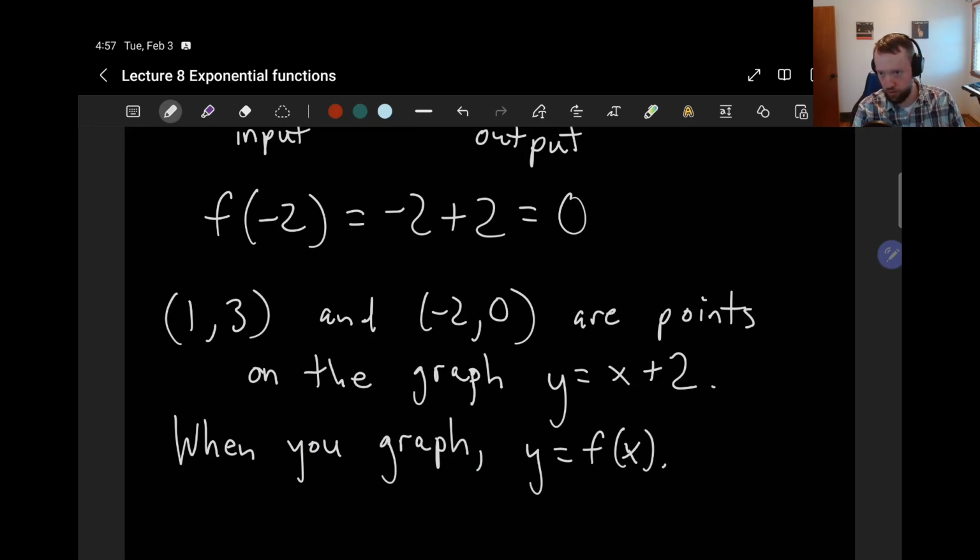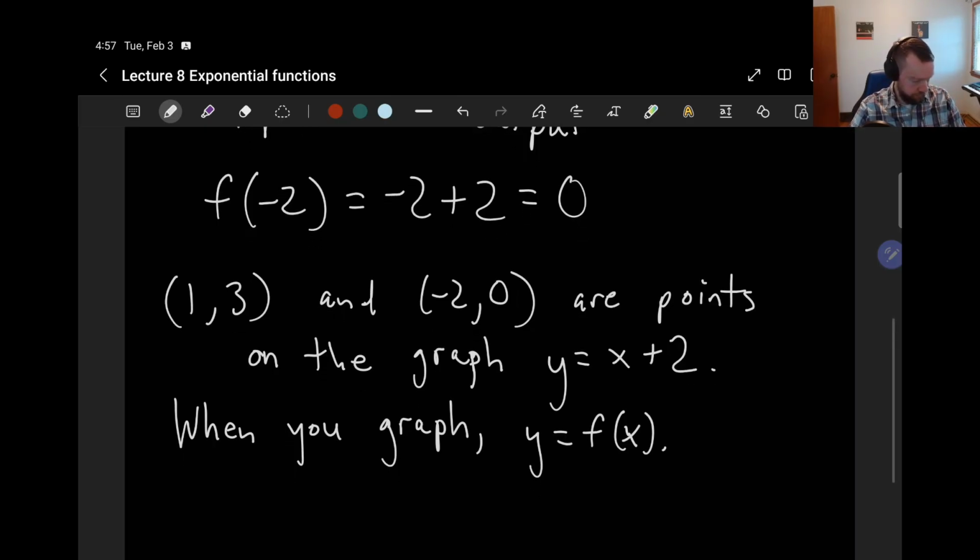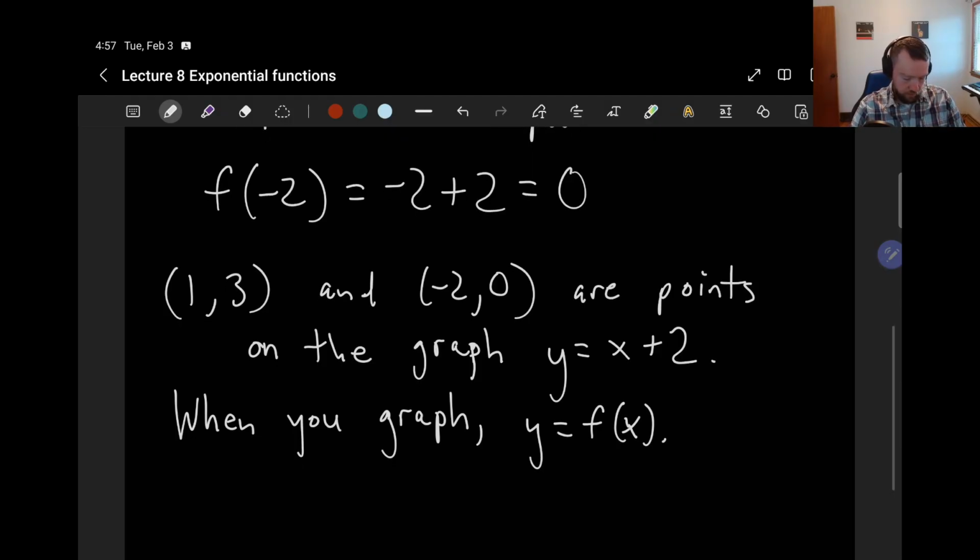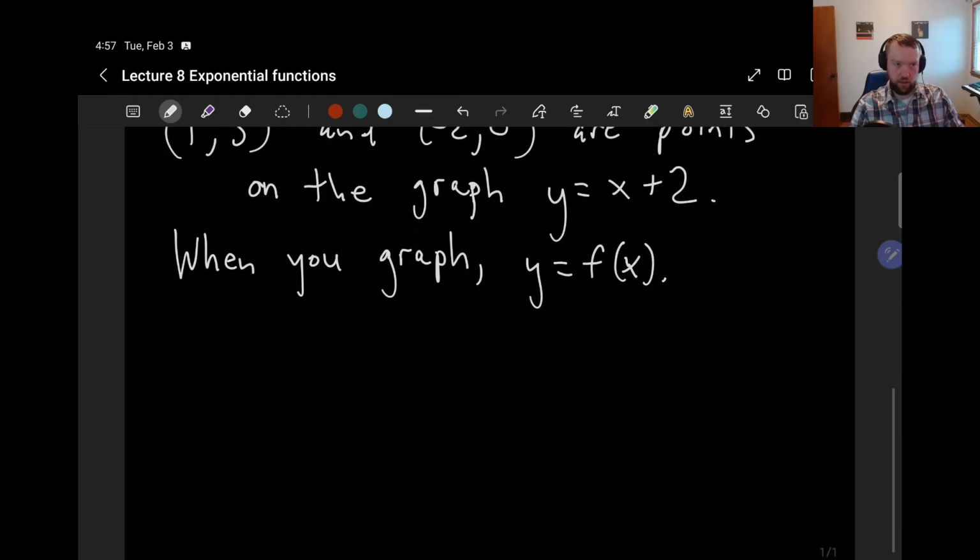The outputs correspond to y values, and the inputs of the function correspond to x values. So that's all I wanted to say on functions generally. They will be a big part of the class when we get to derivatives, which is coming pretty soon, a couple weeks.